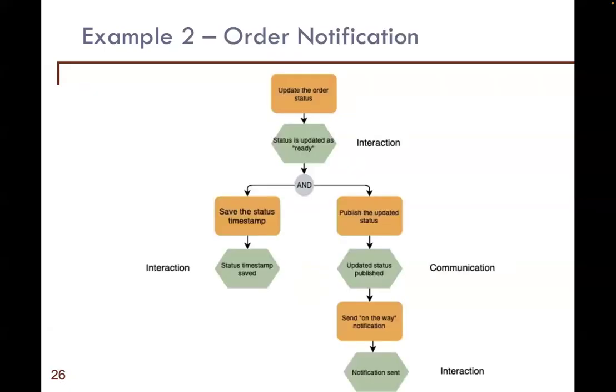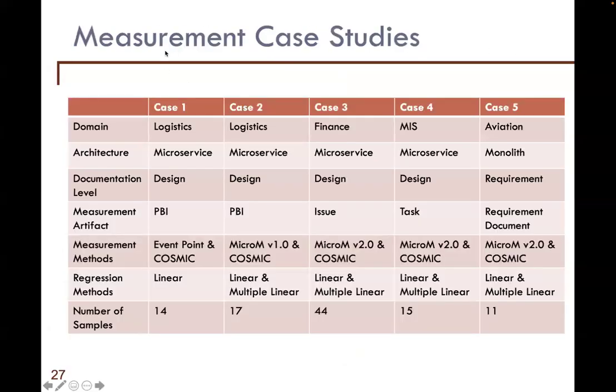Let me skip this, as I think we don't have lots of time, and give you some results related to what we found in case studies. We actually performed 5 case studies on different organizations. In the first case study we used Event Point, the first draft method.